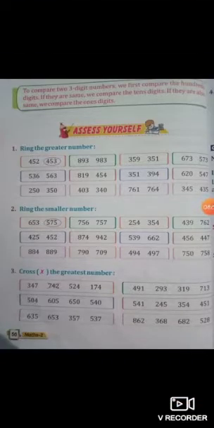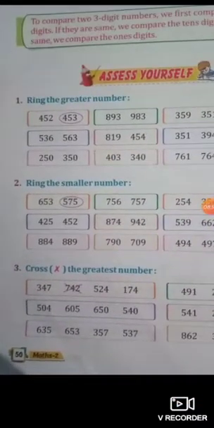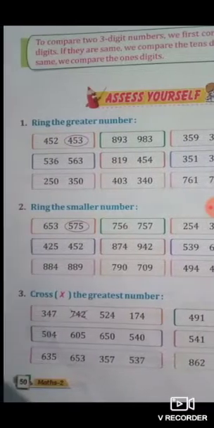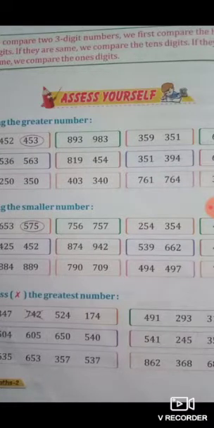now we move on to page number 50. Assess yourself. Ring the greater number. 452 and 453. 453 is the greater number, so we will ring this number. Okay, the second question is 893 and 983.